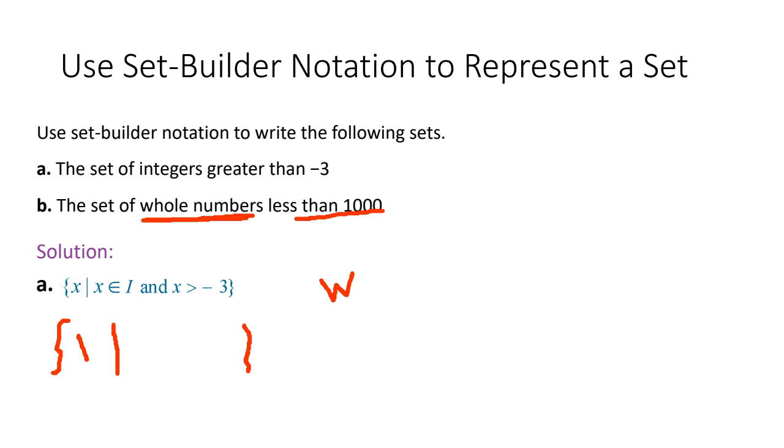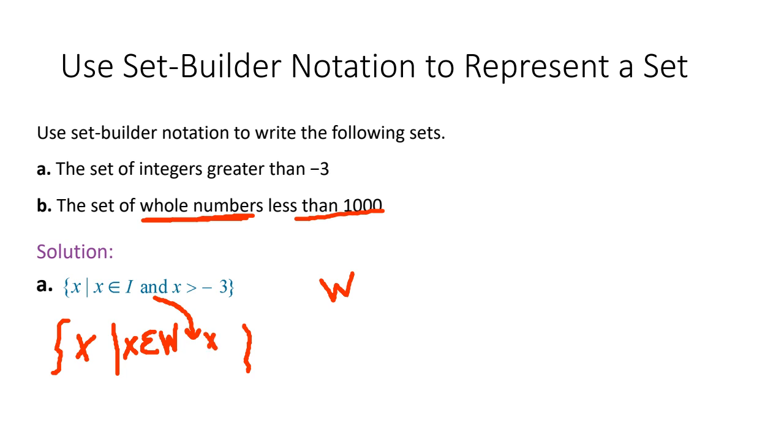And so we're going to have x. So the set of all x such that x has to be what? An element. The symbol for element is the E here. It has to be an element of the whole numbers. And so we'll put and here. It has to be less than what? 1,000.